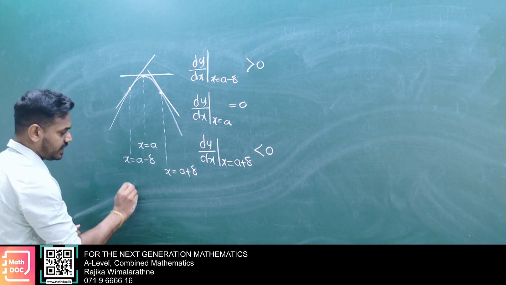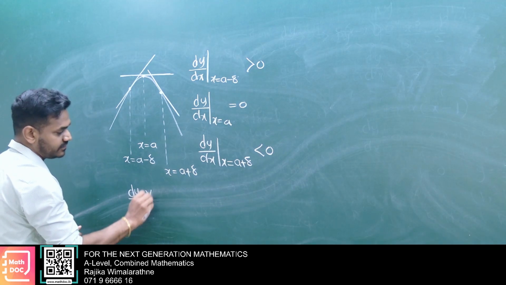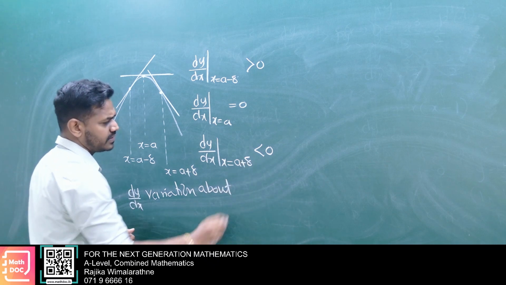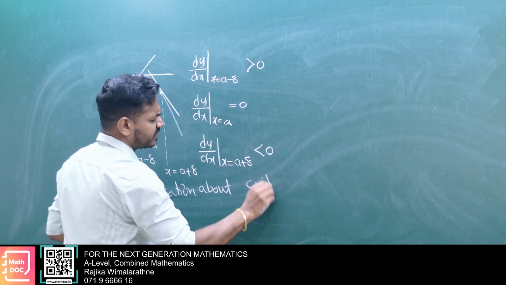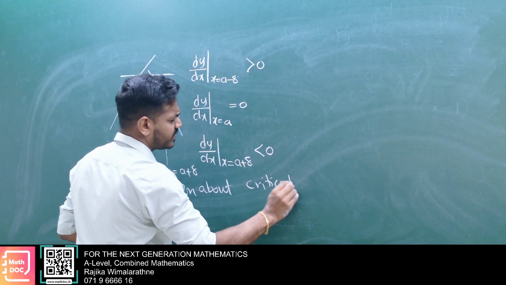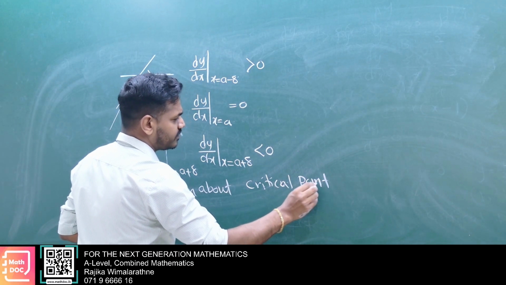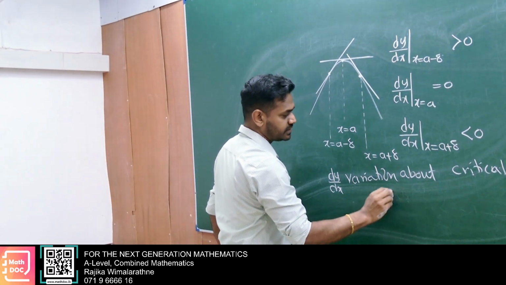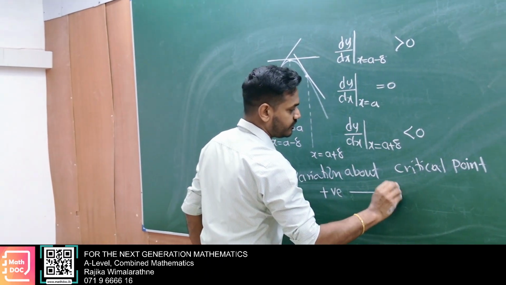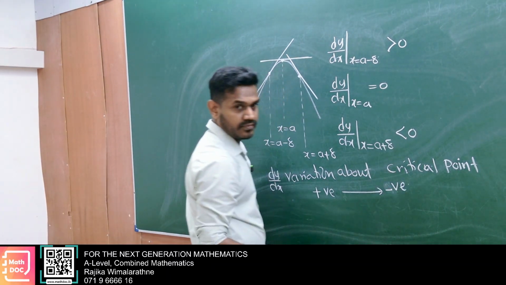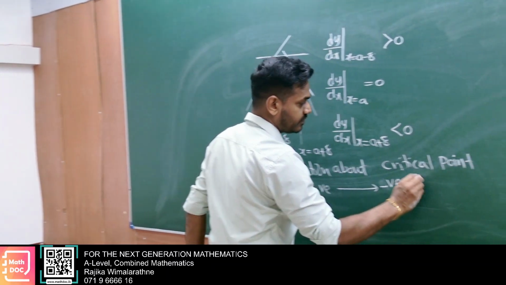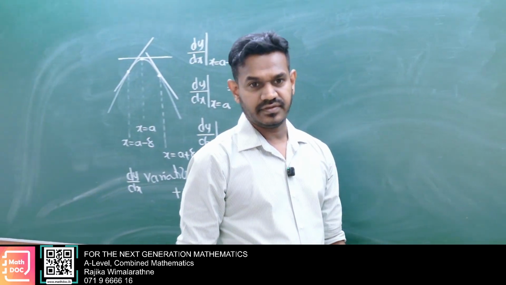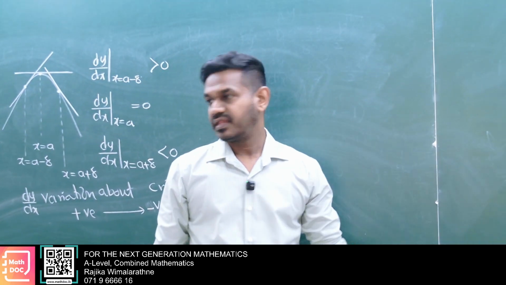Then the dy by dx variation about the critical point is positive to negative, no? Positive to negative variation, and further it goes through 0.